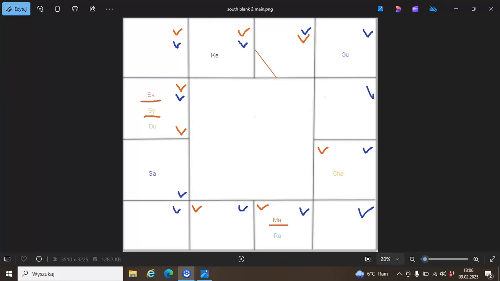We find Shani here, 12 houses away from the sign of Kumbha or Aquarius, which he rules. So the length of the Aquarius or Kumbha Mahadasha will be that of 12 years.